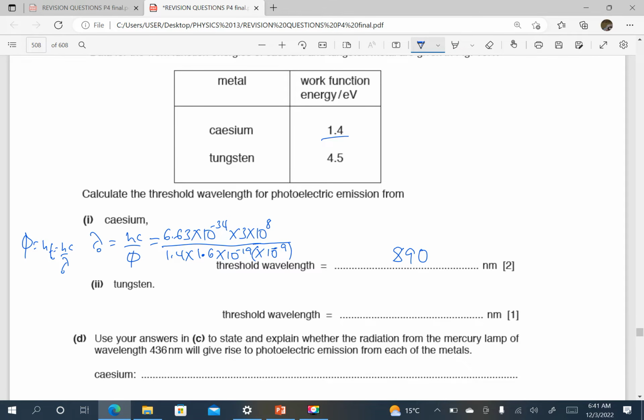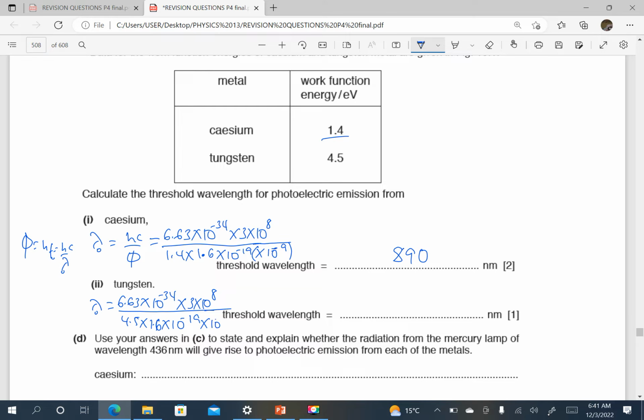I'll repeat the same process for tungsten. h is 6.63 times 10 power negative 34 times 3 times 10 power 8, divided by 4.5 times 1.6 times 10 power negative 19. That will give me the wavelength in meters.